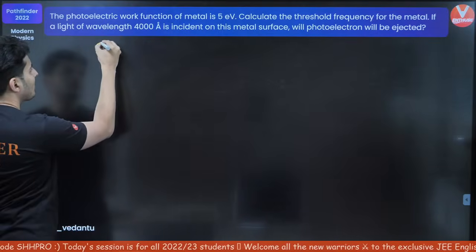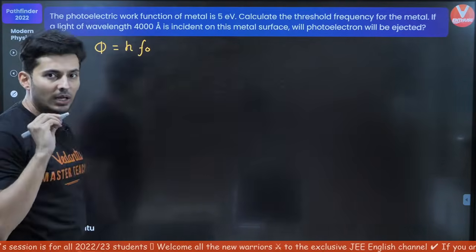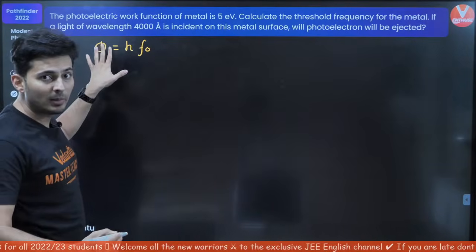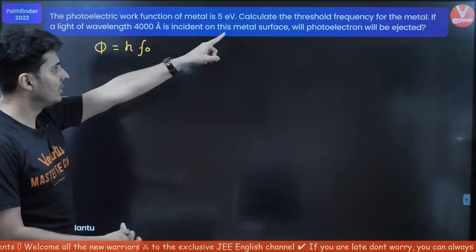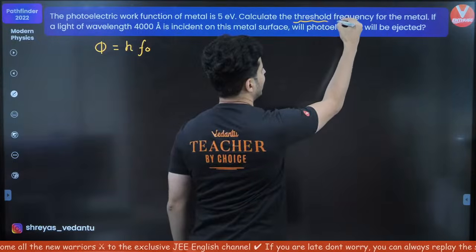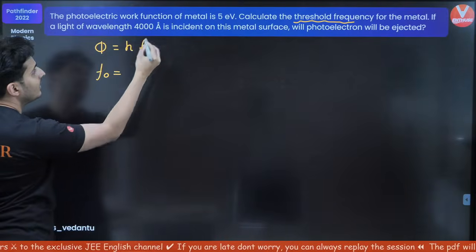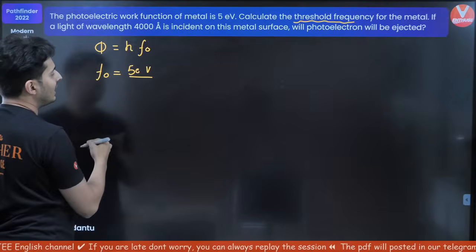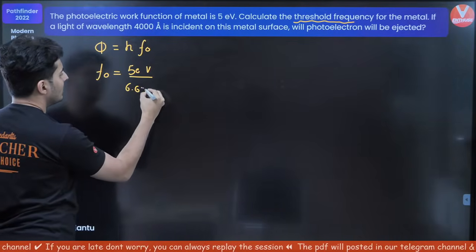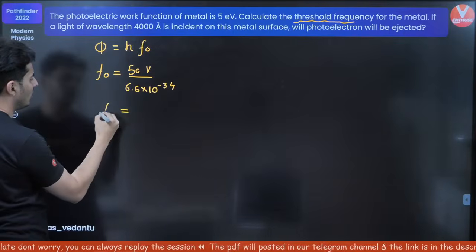Use this formula. Phi is h f naught. I just gave that formula to you. Work function is the minimum energy of the photon. So energy of photon is hf. So f naught is the threshold frequency that I need. So let's figure this out. f naught will be 5 electron volt divided by the value of h, which is 6.6 into 10 to the power minus 34. But I don't want to leave it like that.